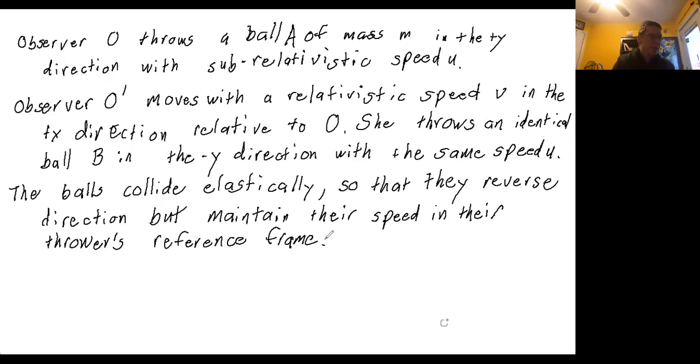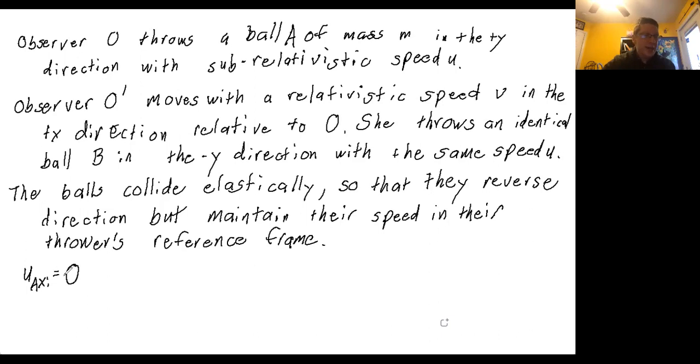So let's see how that works. So we'll start with ball A. And this is in observer O's reference frame. So its initial momentum in the x direction is 0.